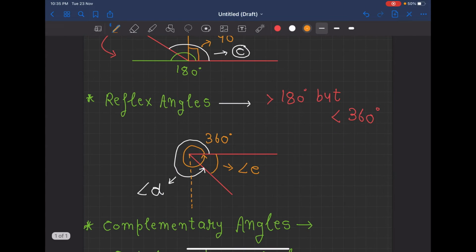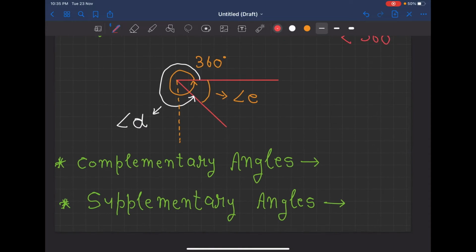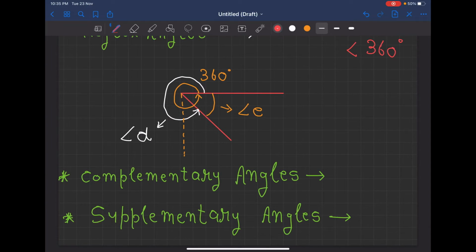Okay, so let's have a look at some terms here. First in the list is complementary angles, so let's understand that first. Complementary angles are the angles which sum up to 90 degrees.